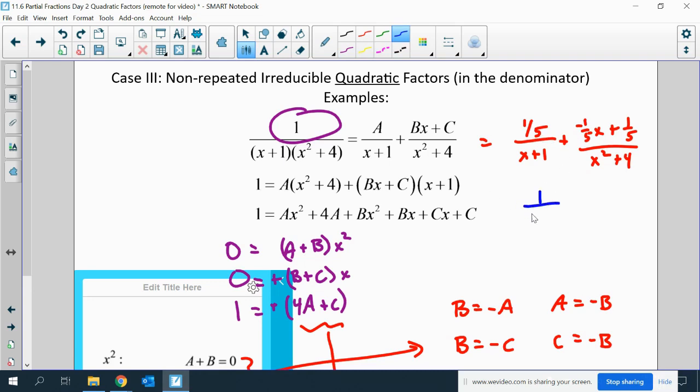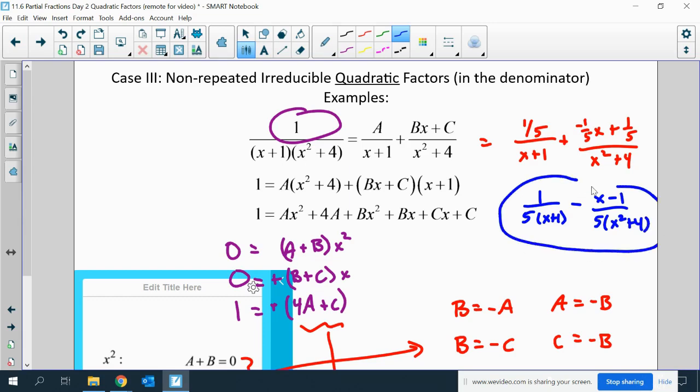So I can say 1 over 5 times x plus 1, and then I can also factor out this negative in the front. And so then I could have x minus 1 over 5 times x squared plus 4. And that would be the answer to that problem written as nice as I can make it.